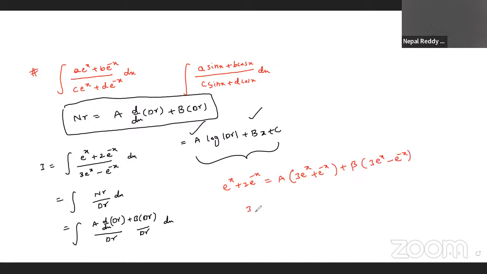When you take e power x common, you will get 3a plus 3b equal to 1. When you take e power minus x common, a minus b equal to 2.